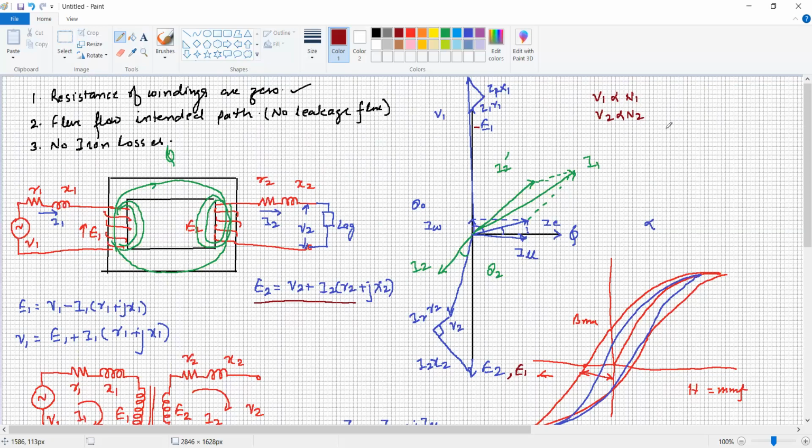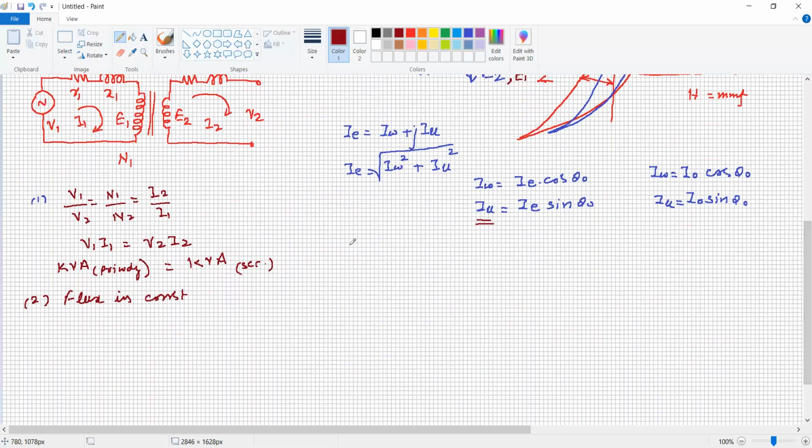For example, the number of turns in the primary winding N1 is equal to 100 and N2 is equal to 300. Let the applied voltage be V1 equal to 100 volt. What would be the voltage on the secondary side? It is quite clear: V1 upon V2 is equal to N1 upon N2.